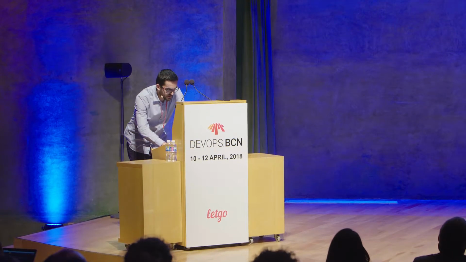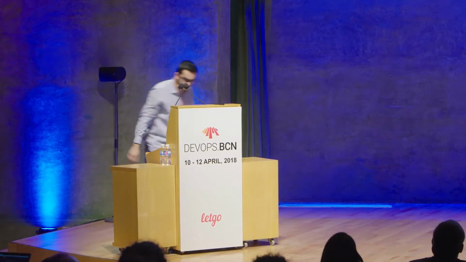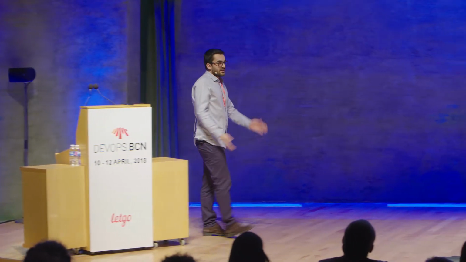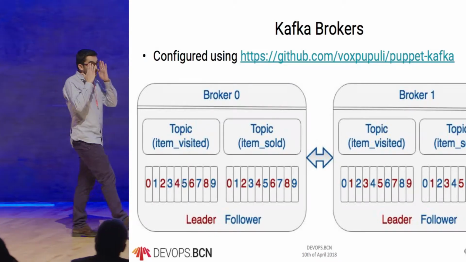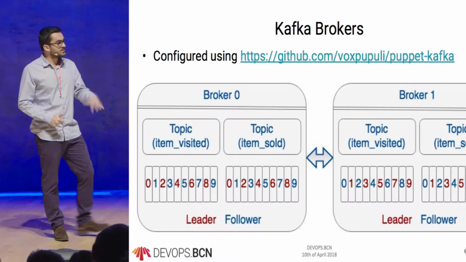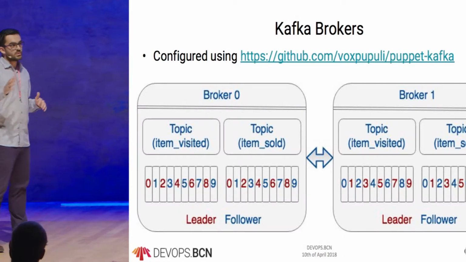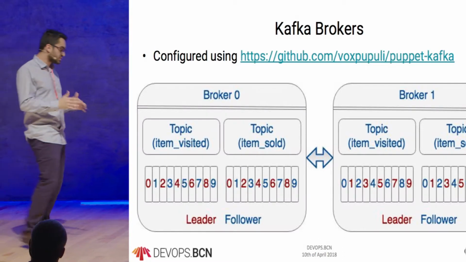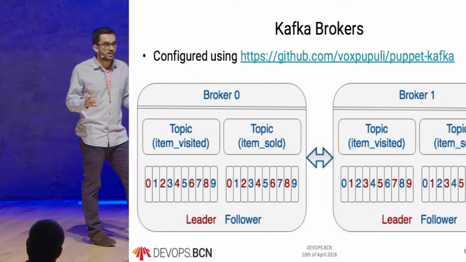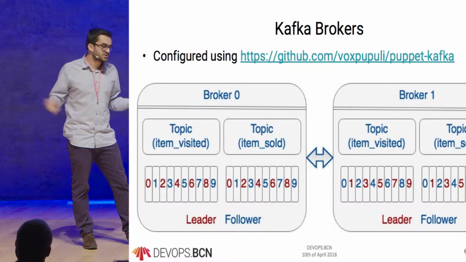If I go back to here, I'm going to explain to you meanwhile the brokers. The Kafka brokers are where all the data is stored. You can read from one data source, and then you save it onto Kafka, and those are stored in brokers. So today we will have 2 brokers, 2 servers, and then we will have 2 different topics. I'm going to fire up some domain events from some microservices.